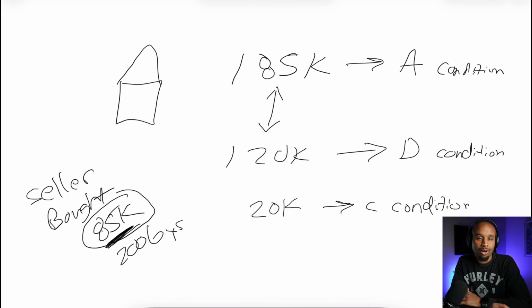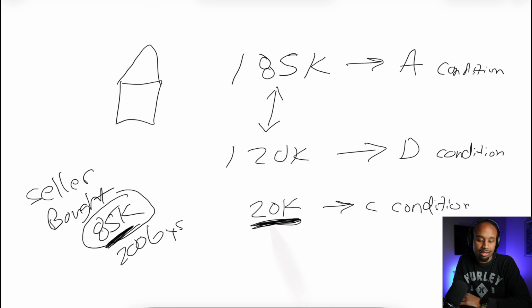But in that last video, I said that I wouldn't buy this house unless I can buy it for like $50K. So the house, in that last video, I said it needed $20K in repairs. I was thinking about it today. I was like, man, it's going to need way more than this.